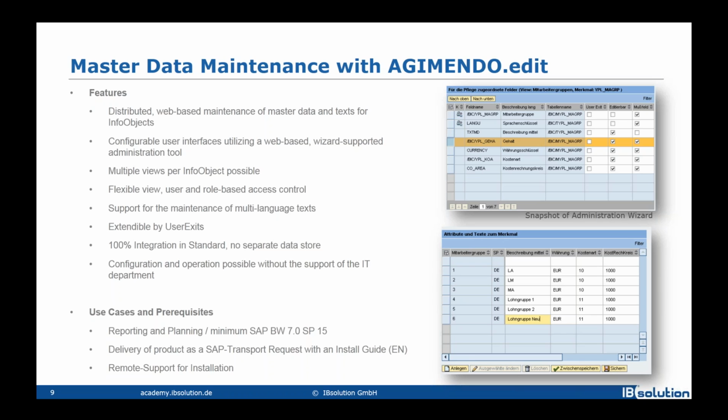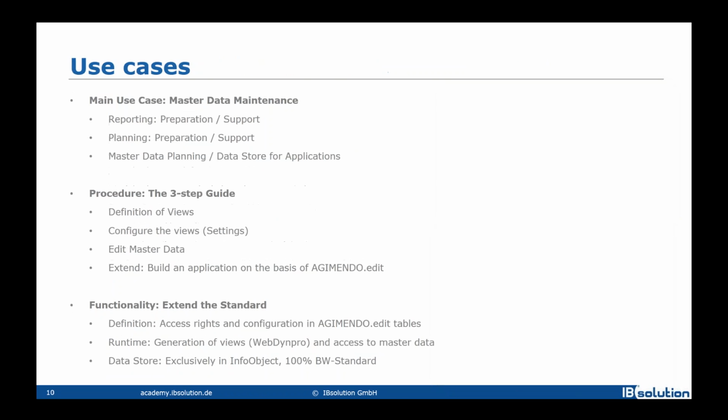Now we're going to see the use cases. Simply put, master data maintenance and planning is what AGIMENDO is very good for. It is also a frequent use case for reporting and planning with views that vary according to the user.